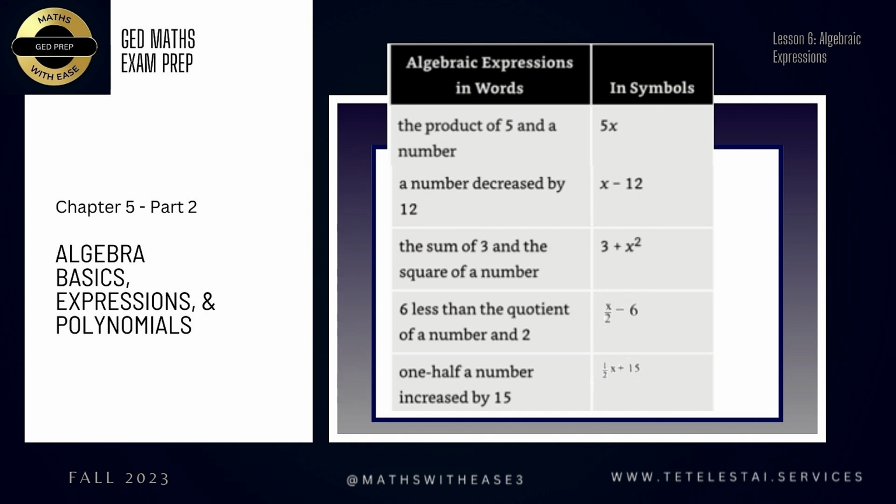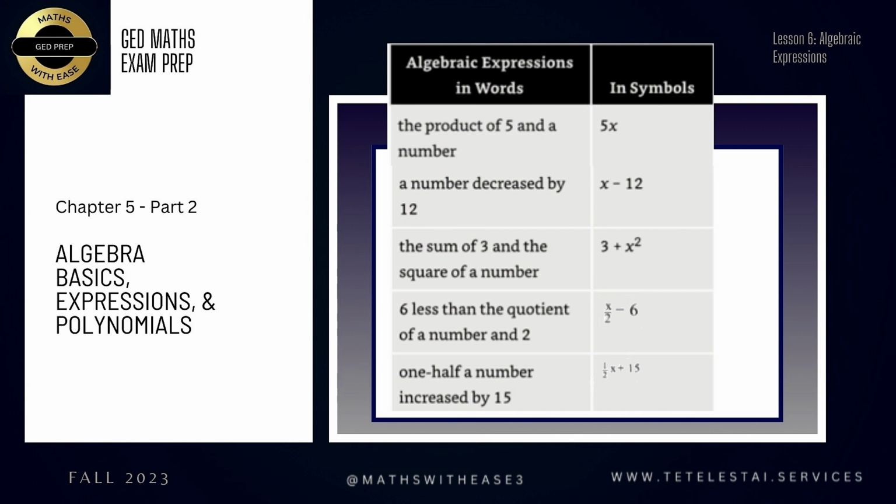6 less than the quotient of a number and 2. So let's think through this carefully. You remember from our earlier lessons on division, we know that a quotient is the resultant number from a division operation, right? So here we're told that the quotient comes from a number. What number? We don't know. It's a variable, so we can represent it with x. So the quotient comes from some unknown number and 2.